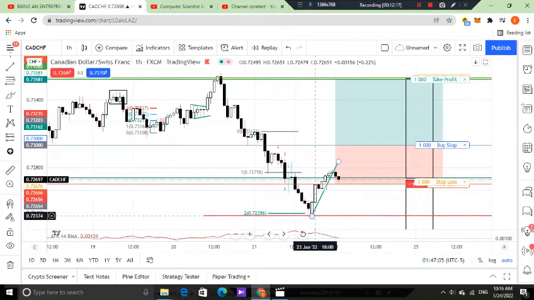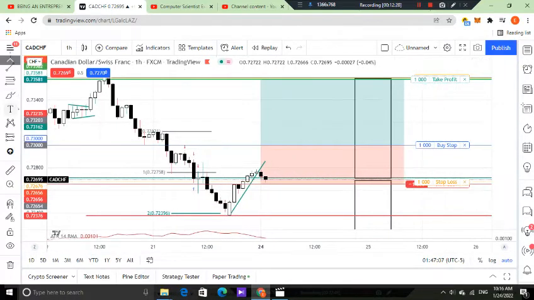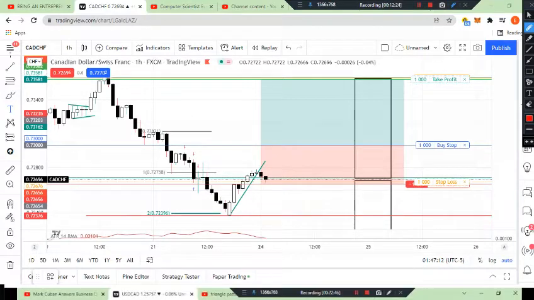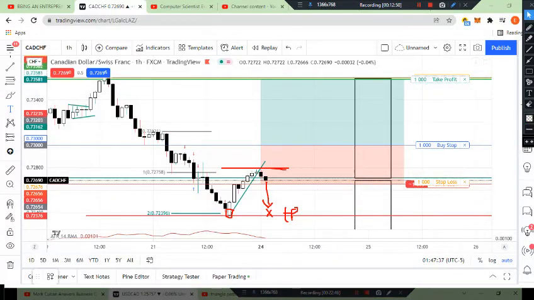In this example, the lowest low is this point. So when we're getting back from a pullback, we can take this position and put your take profit at this price, and leave your stop loss above this level. It's a good trade.